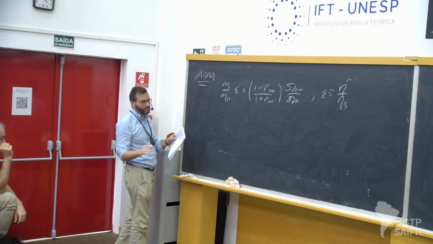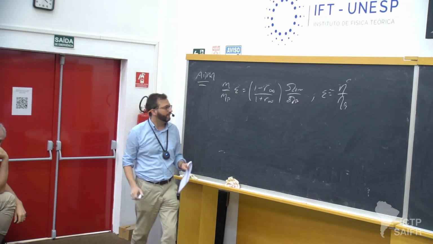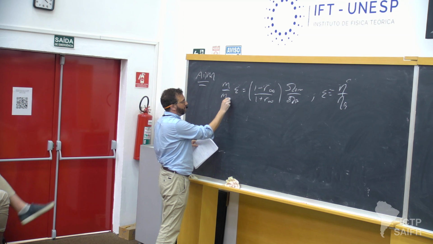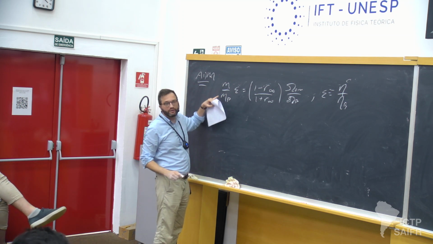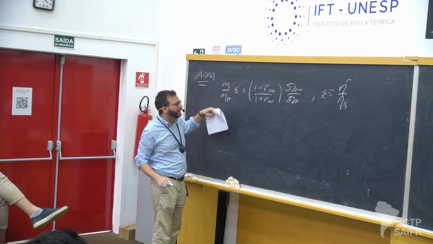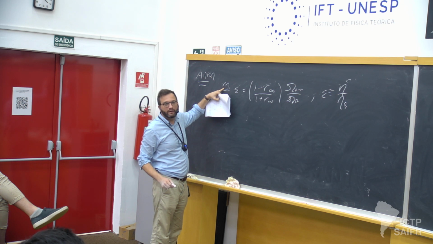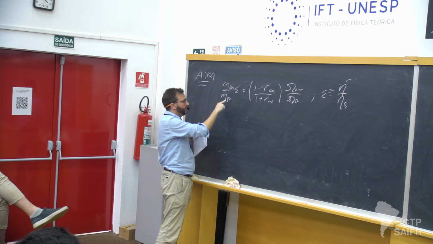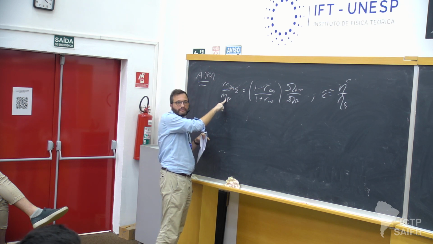Here M is the dark matter mass, and MP is the proton mass.